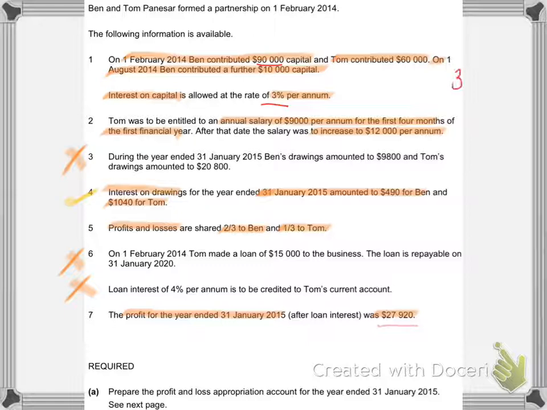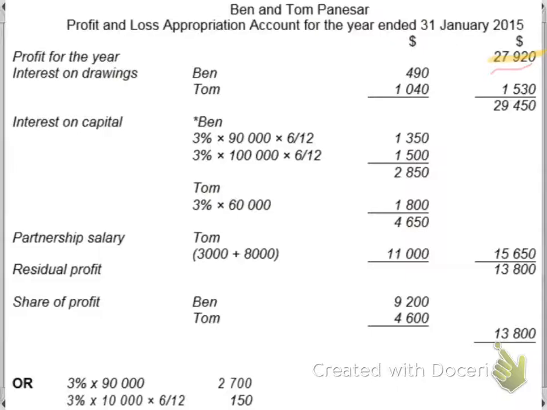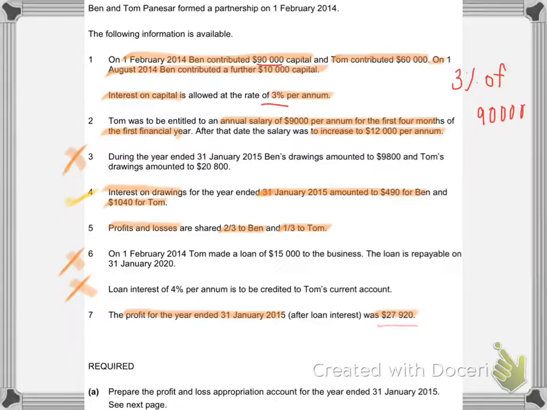So 3% of 90,000 gives you 2,700. Then you find the additional capital, which was invested by Ben, so that's 10,000.